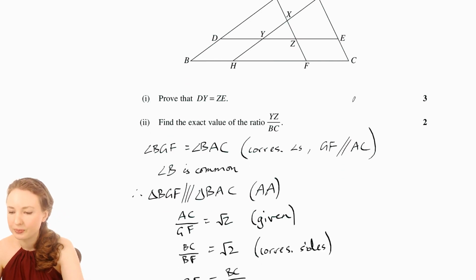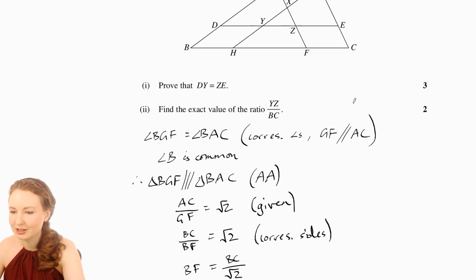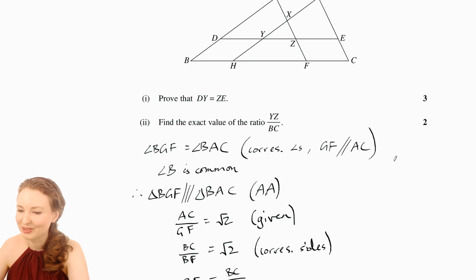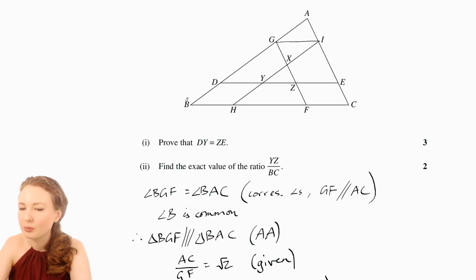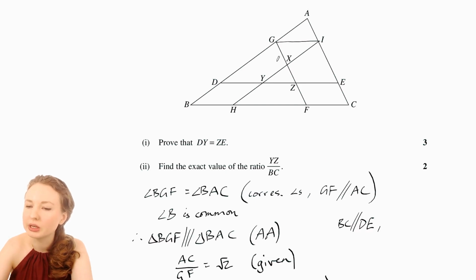So I might just start writing it up here so we can look at the diagram as well. So we can say, because BC is parallel to DE, that was given, and AB is parallel to IH, then that tells you that this is a parallelogram.